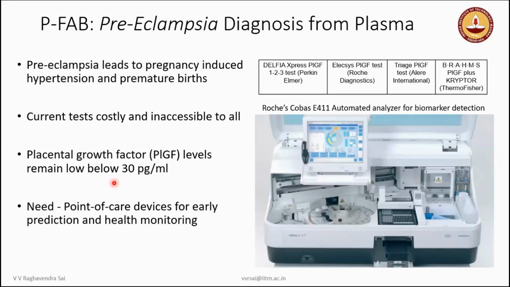It cannot be taken to a primary healthcare center. One of the major problems is, of course, they go for certain other markers or a ratio of markers. What we wanted was to make it simple based on the scientific literature already available. And we did see that we need to detect 30 picogram per ml in serum.